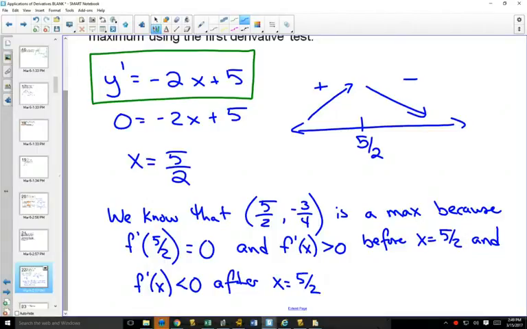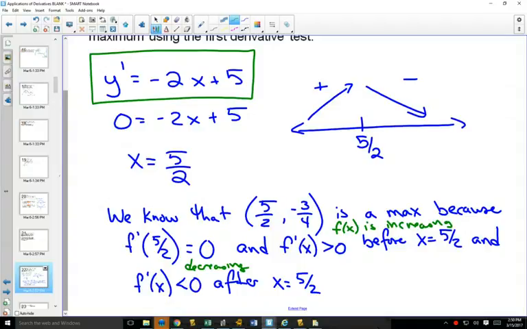Okay? If we add words, what does this mean? It means that f of x is increasing before x equals 5 over 2 and decreasing after x equals 5 over 2.